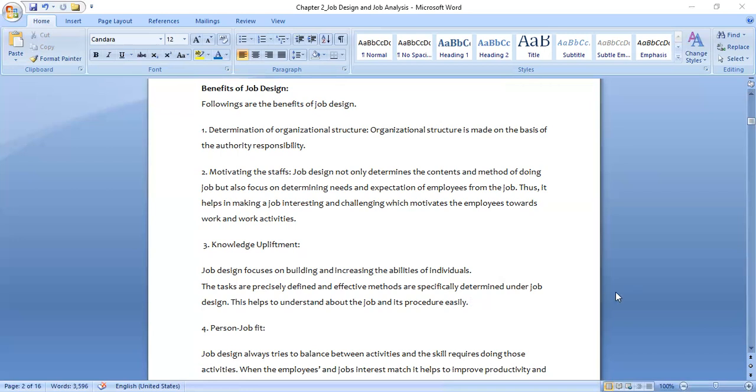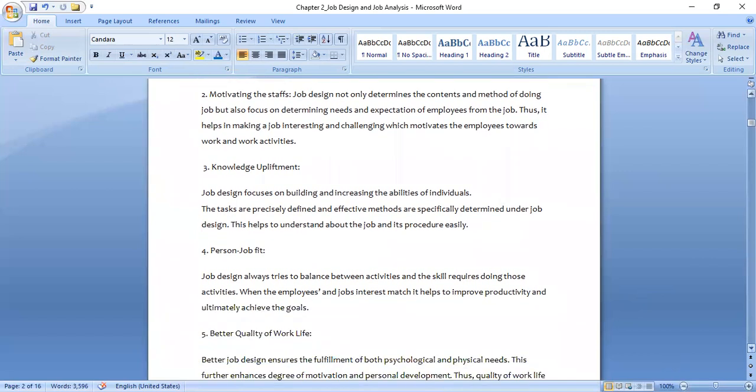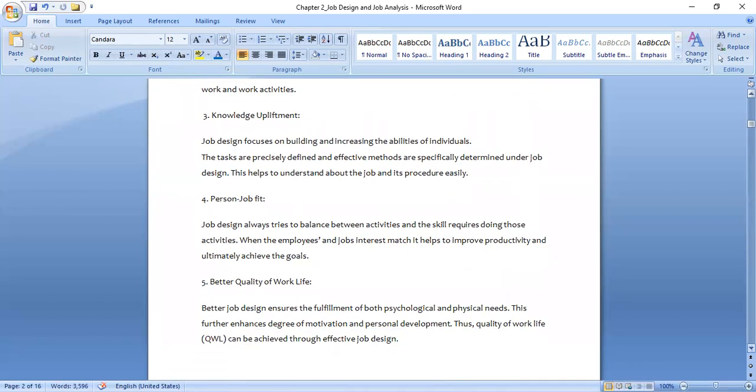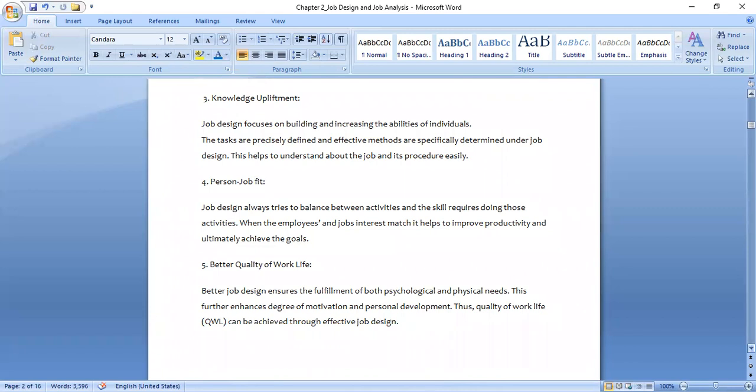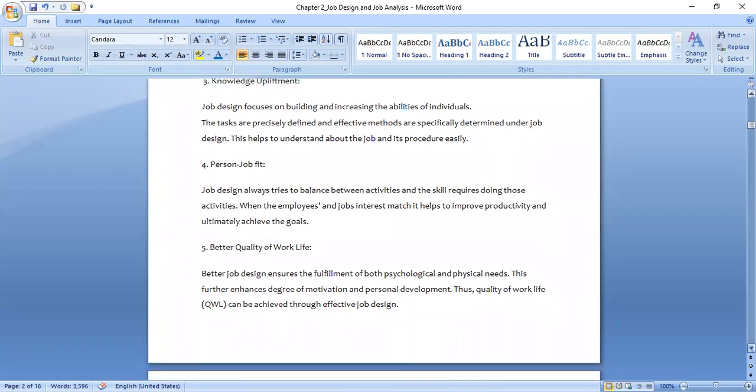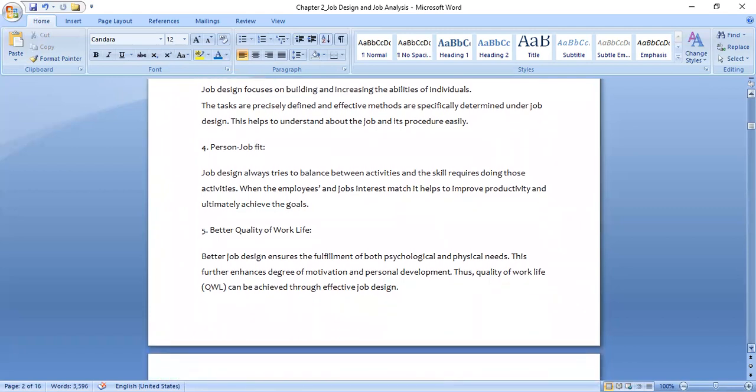Then job design also helps to uplift knowledge, in a way that an employee has enough information or knowledge about their position, about their job, and what is entailed in their job design.